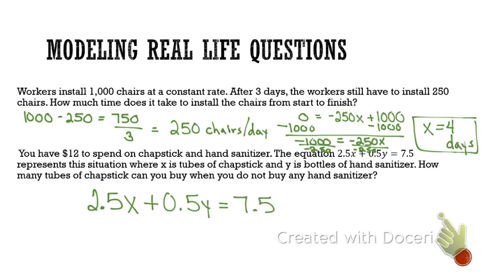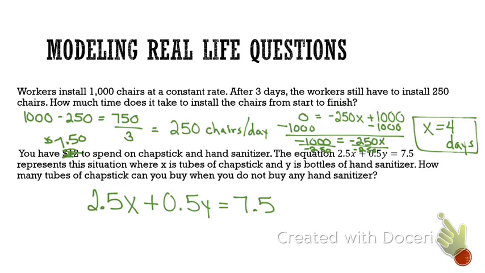And I'm sorry, not 7.5, 12. $12. There's a typo there. So just change that to 12. No big deal. Actually, I'm not going to do that. I'm actually going to change this one because I want it to work out to be a whole number. All right, you just have $7.50. No big deal. Okay, so here's the question.